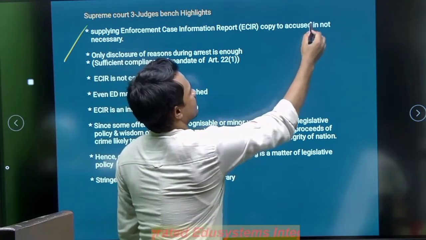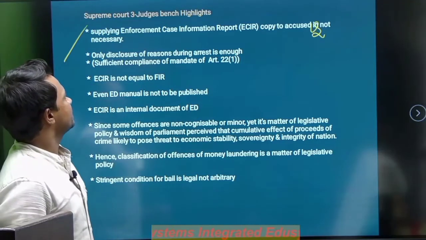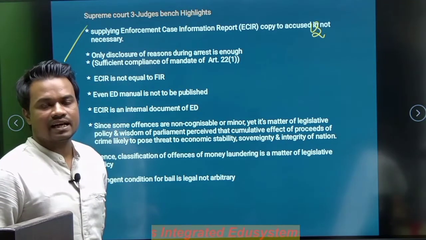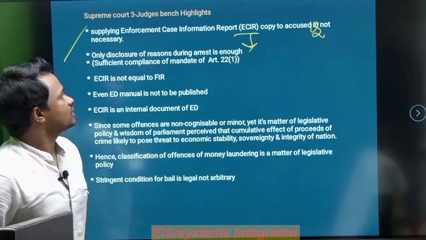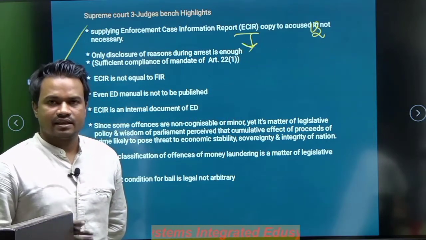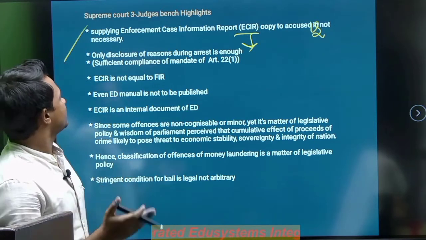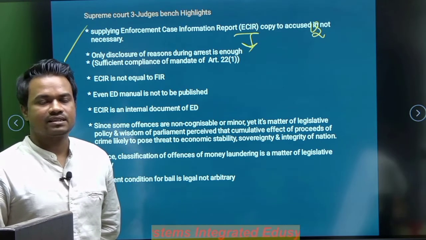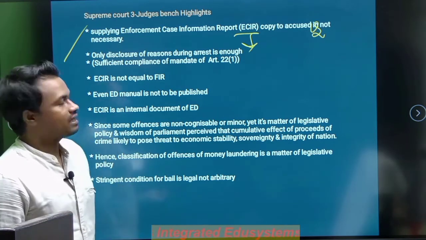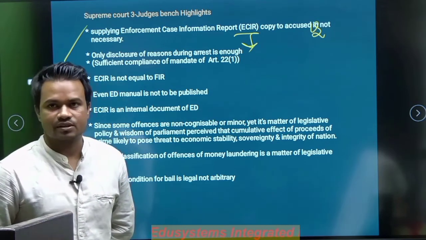The ECIR is an information report like an FIR, but it is not similar to the FIR. Whenever any money laundering case is reported under the aegis of the ED, it is recorded as the Enforcement Case Information Report.